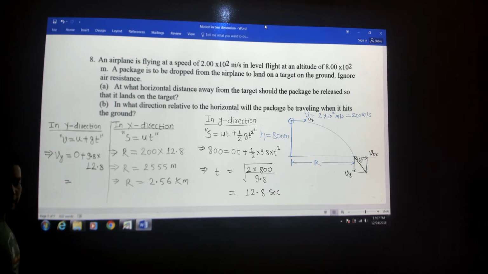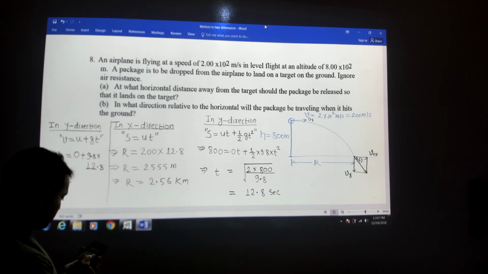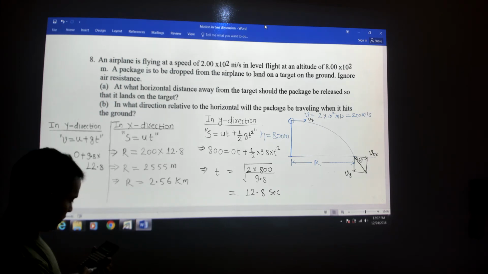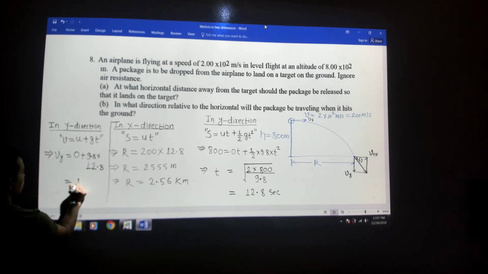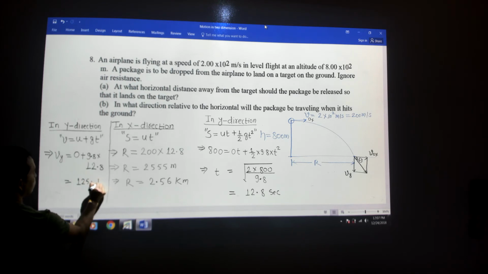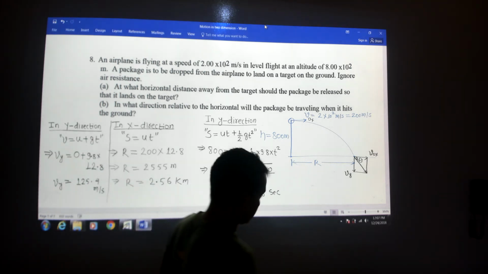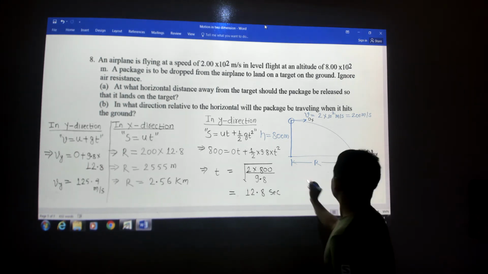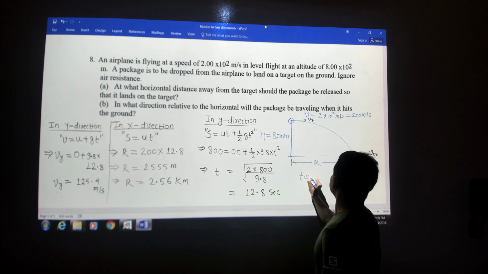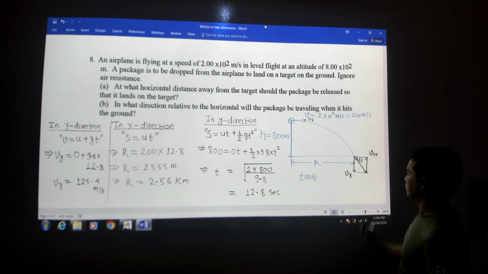So use your calculator. 9.8 times 12.8 is 125.4 meter per second. This is the velocity at this point. Now life is so simple. How do you find the angle? The tangent of theta from this triangle is Vy over V0x.